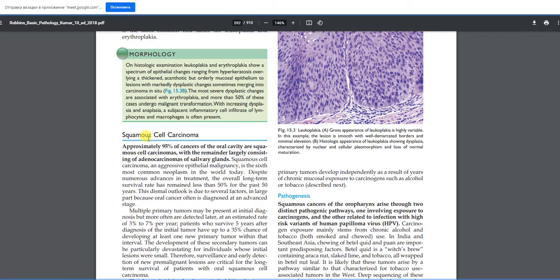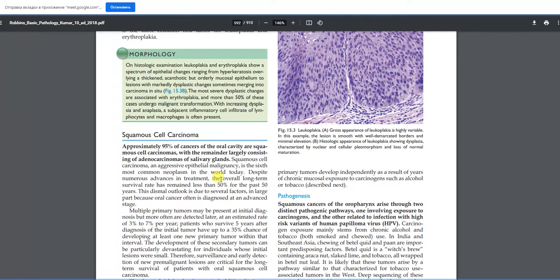Much more commonly it's due to chewing tobacco, like nasvai, which is very common in Kyrgyzstan. With cigarette smoking right now, only a few cases cause squamous cell carcinoma of the oral cavity. Usually it's due to pipe smoking or cigar smoking, these thick cigars, because very excessive noxious stimuli are present in the oral cavity.